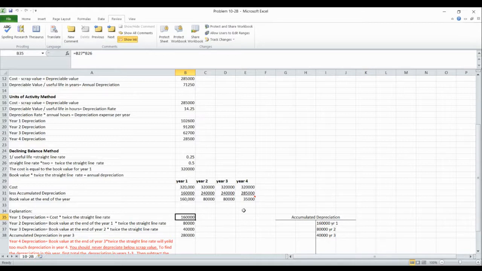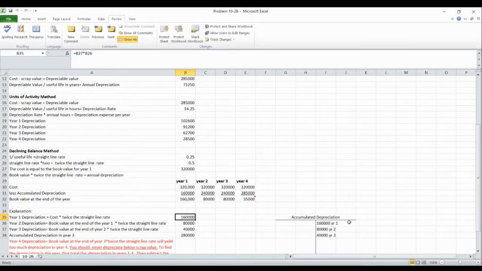So in the declining balance method for year one, we will take the cost of the asset, which is the book value in year one. We're going to subtract the depreciation expense for this year, and that will give you the book value at the end of the year, which is 160,000.